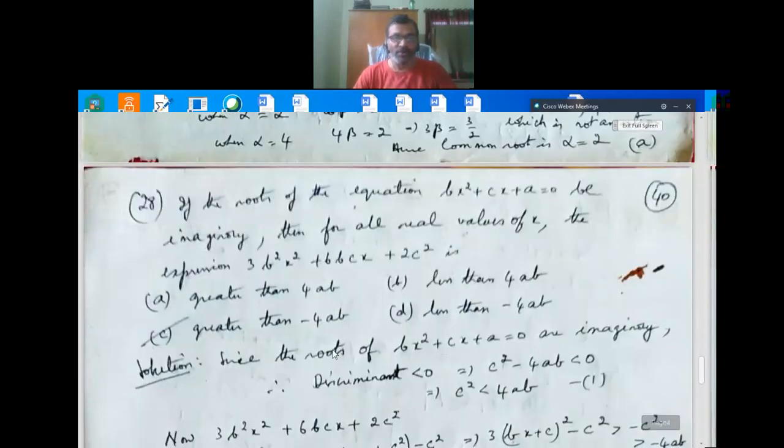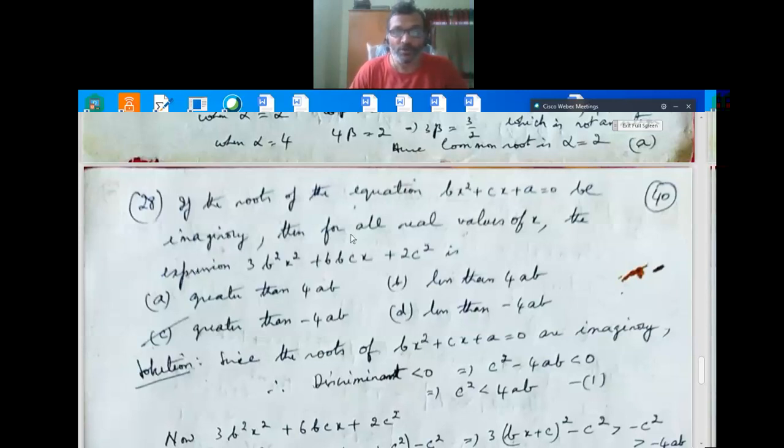If the roots of the equation bx squared plus cx plus a equals 0 are imaginary, then roots are imaginary means the discriminant is less than 0, that is b squared minus 4ac less than 0.